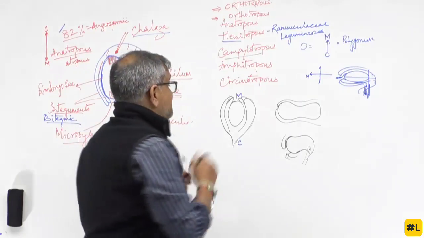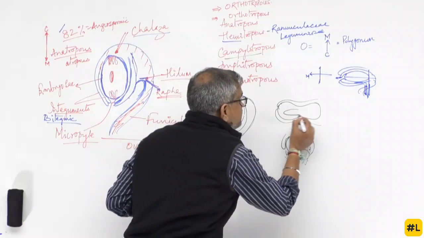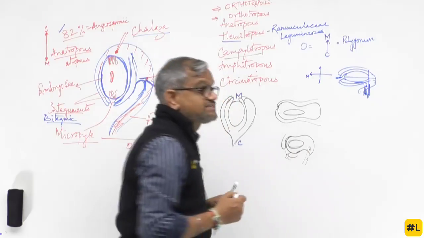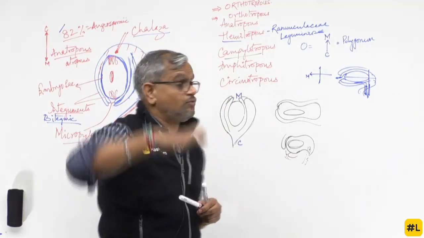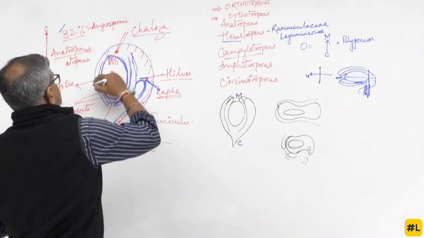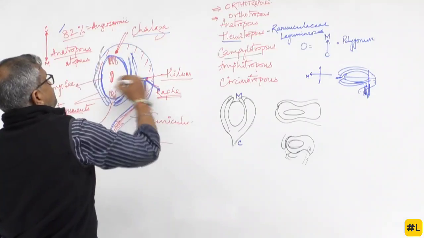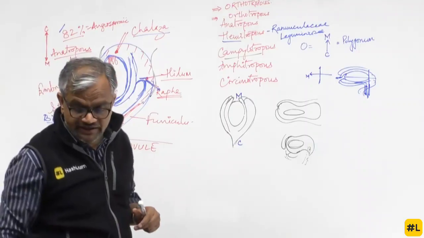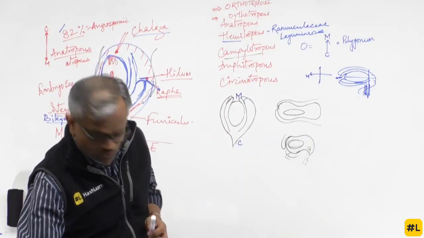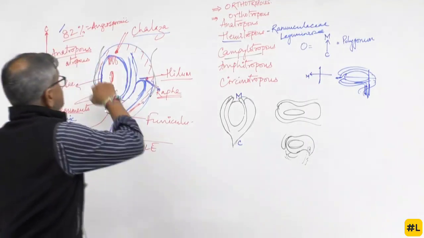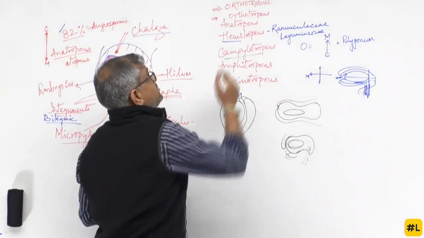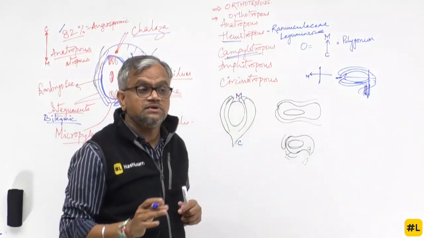And do remember, the embryo sac remains straight. Try to understand this. The embryo sac is not curved. Only the body of the ovule is curved. This body is curved. And do understand one simple thing: this remains straight in case of Campylotropous.